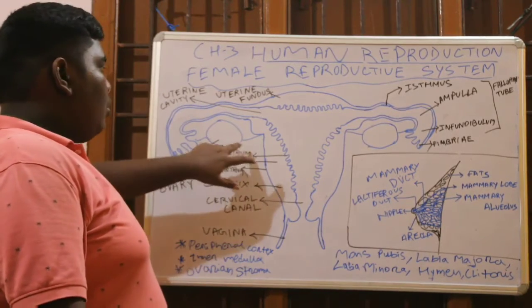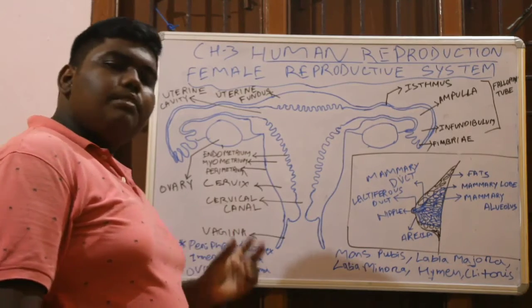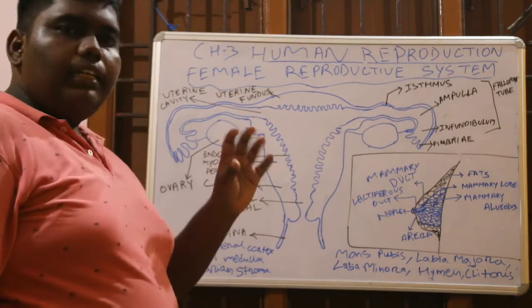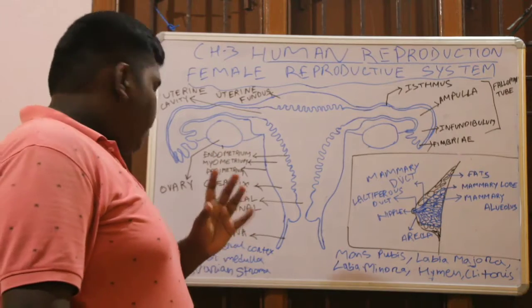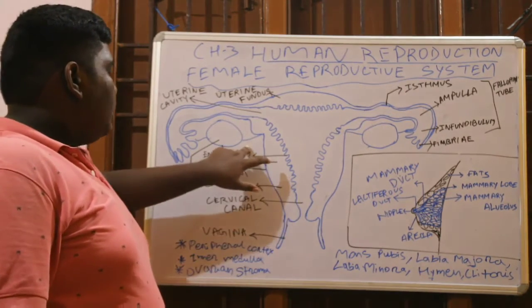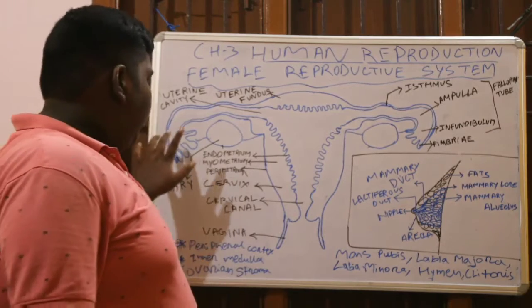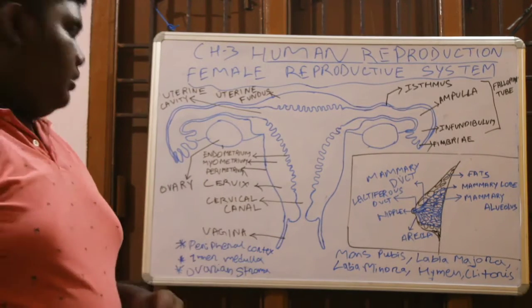Now this is the ovary. This ovary is generally 4 to 5 centimeters in size, oval in shape in a normal human female, and it is connected to the fallopian tube and the pubic wall through filaments.